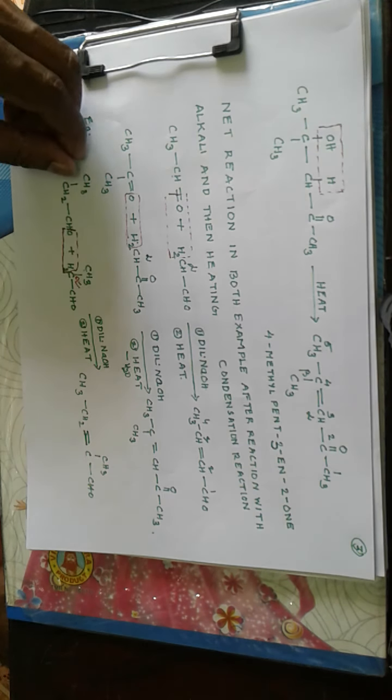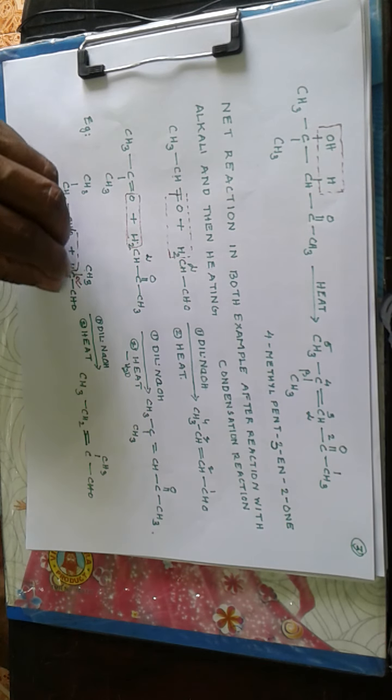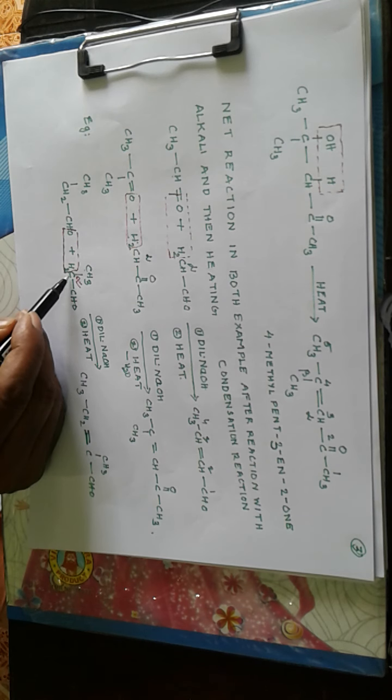Then another example, CH3CH2CHO and CH3CH2CHO. Here the alpha carbon is this one.